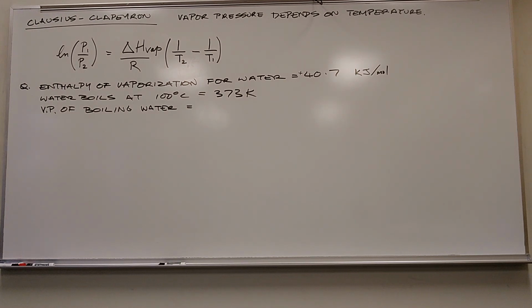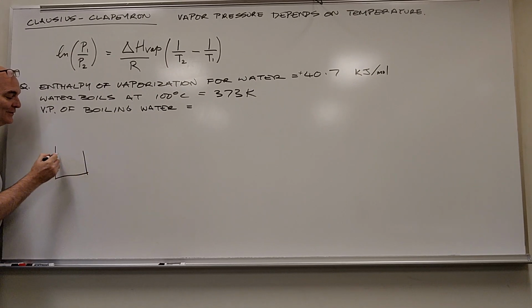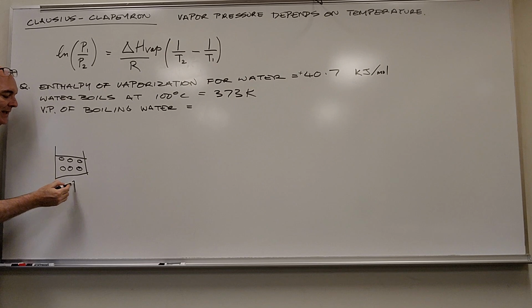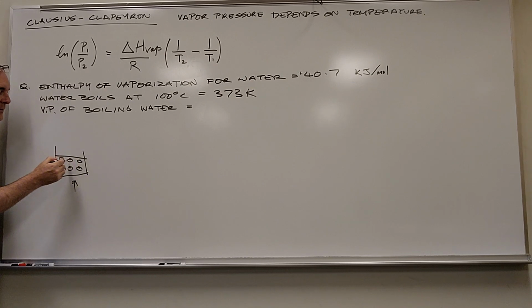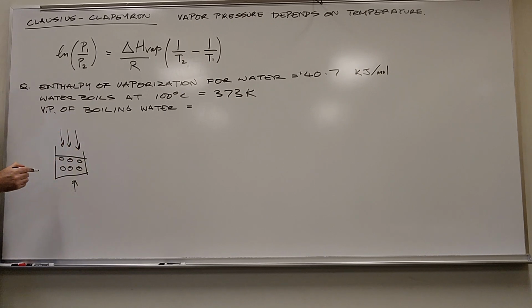What's the vapor pressure of boiling water? 760 millimeters. Yes, because boiling happens when you give enough heat to the liquid that it can overcome atmospheric pressure.